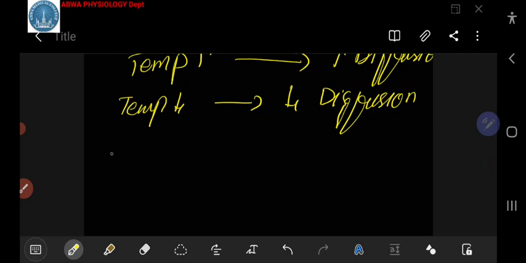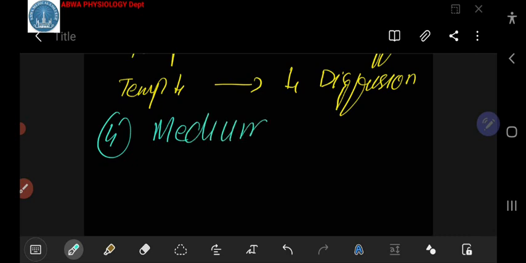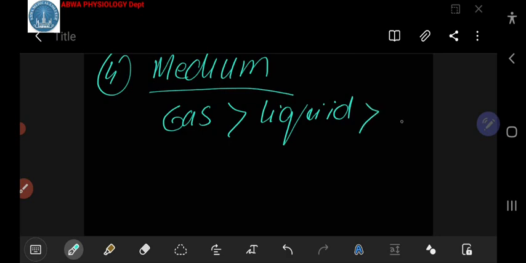And number four is medium. In which medium do you want to diffuse? As we already know from our previous examples, if the medium is gas, there would be greater diffusion rather than in liquid, and more or less in solid.